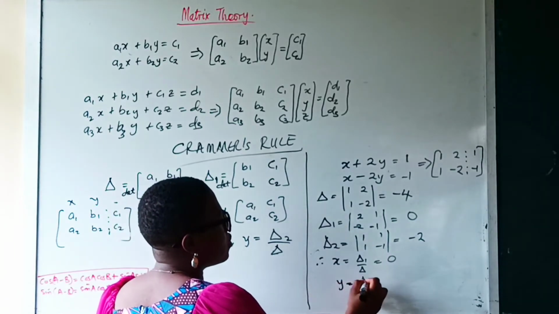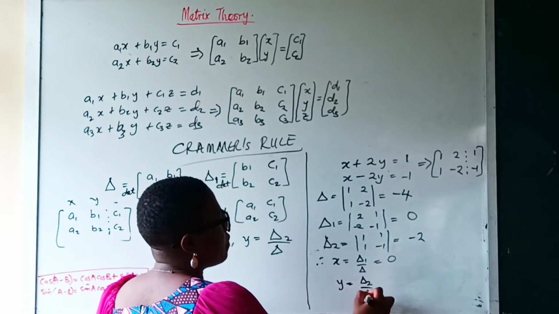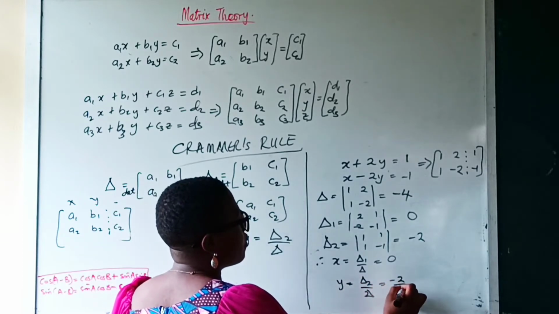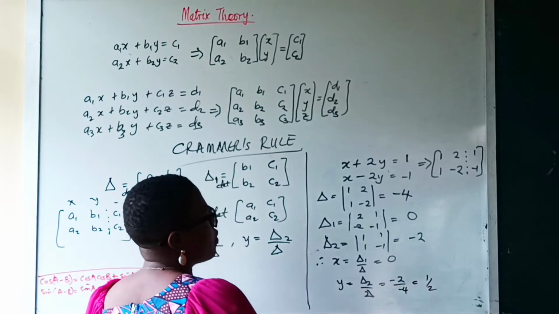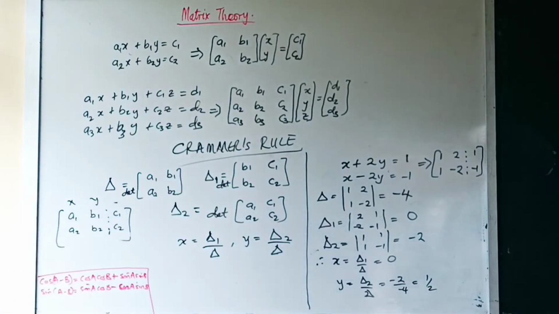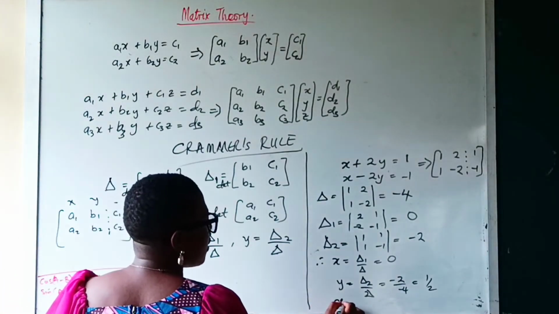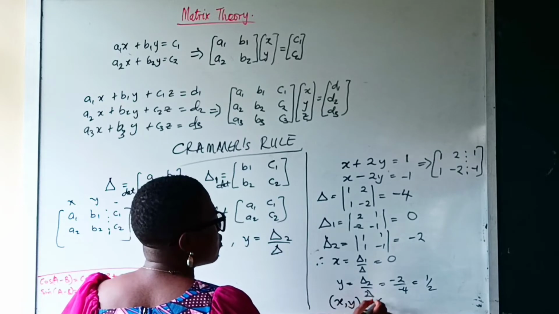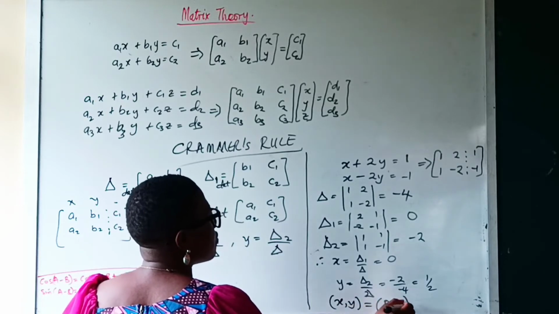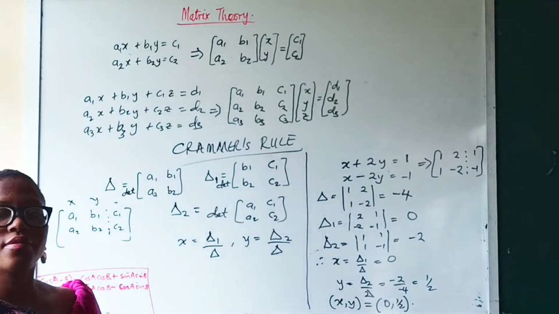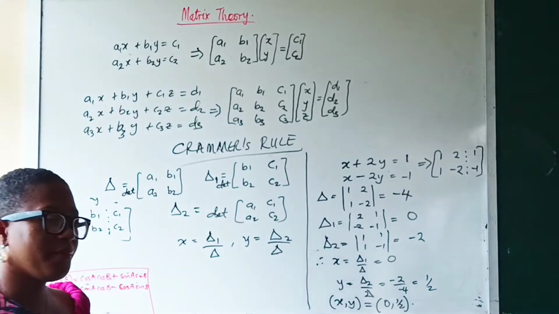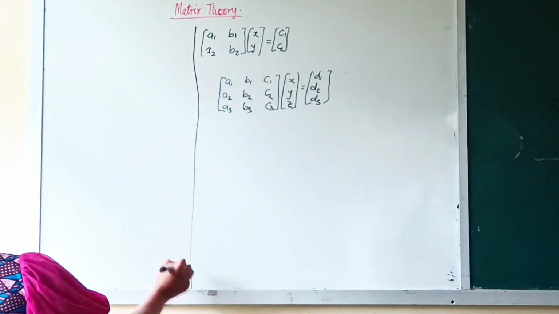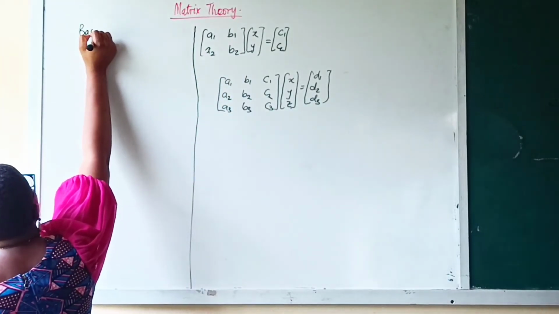Then y is equal to delta 2 over delta, minus 2 over minus 4, which is 1 over 2. So your answer is x equals 0, y equals 1 over 2. Next, let's look at the basic properties of matrices.